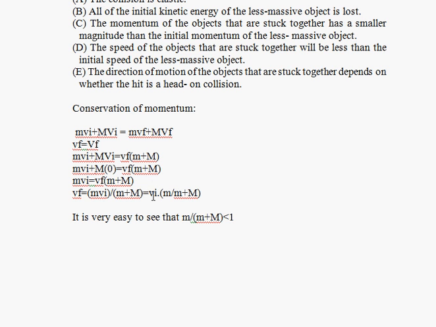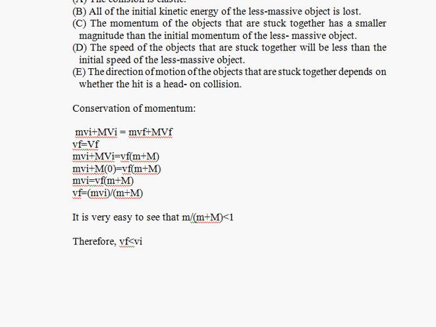Therefore the final velocity is smaller than the initial velocity of the less massive object because this is smaller than 1. Therefore Vf is smaller than V initial.